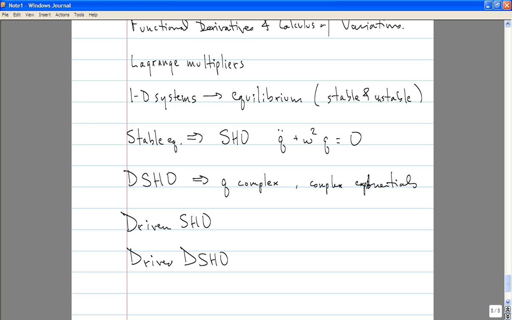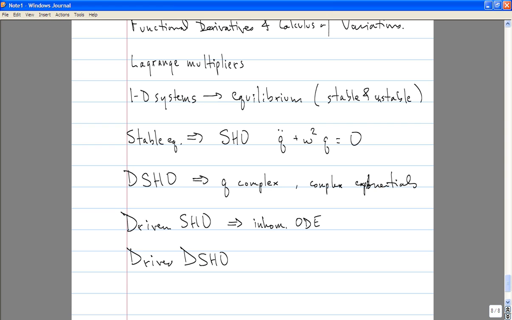For a driven simple harmonic oscillator, there are two techniques that one can use to find the solutions to the differential equation. So here we have an inhomogeneous differential equation, and so you need to take as your solution the sum of the homogeneous solution with a particular solution of the inhomogeneous equation.